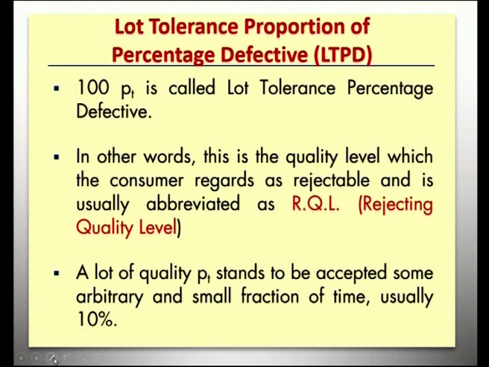In other words, this is the quality level which the consumer regards as rejectable, and it is usually abbreviated as RQL, rejecting quality level. We talked about the acceptable quality level P1, and this is the rejecting quality level RQL. A lot of quality PT stands to be accepted some small fraction of the time, usually 10%.